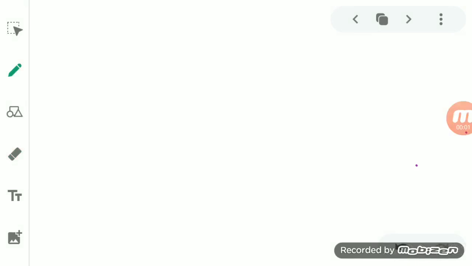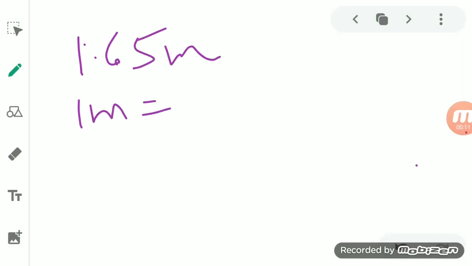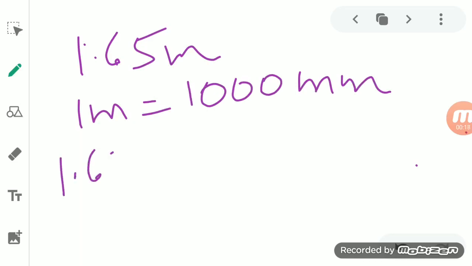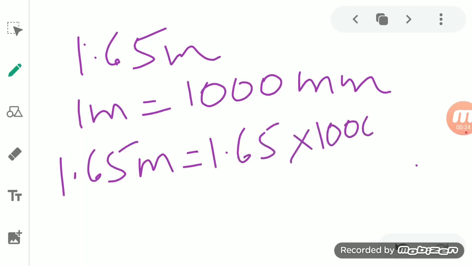Now again, if we want to convert the 1.65 meter into millimeter, we know that 1 meter is equal to 1000 millimeter. So 1.65 meter will be equal to 1.65 into 1000 millimeter.